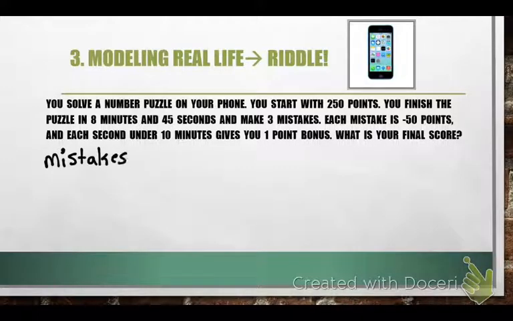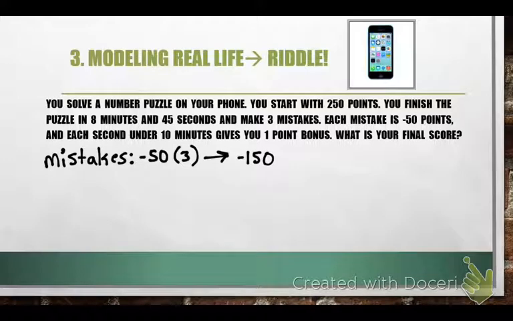You would do negative 50 times 3. You are correct. Because there were 3 mistakes, I'm multiplying it, okay? Now, you could go negative 50 plus negative 50 plus negative 50. In our case, we're just going to multiply it. So for our mistakes, how many points are we losing, class? Negative 150 points.